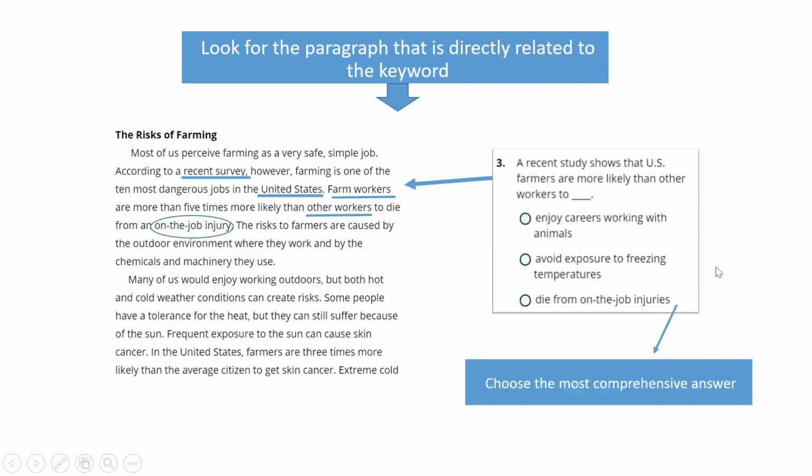Yes, so we're looking for the most comprehensive answer. And I'm sure you have noticed that the answer is, of course, die from on-job injuries. So a recent study shows that US farmers are more likely than other workers to die from on-job injuries. There we are. We have the answer for number 3.